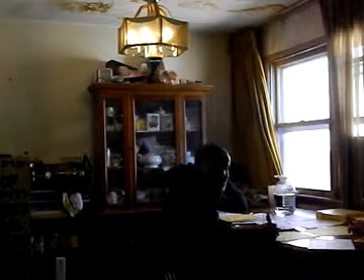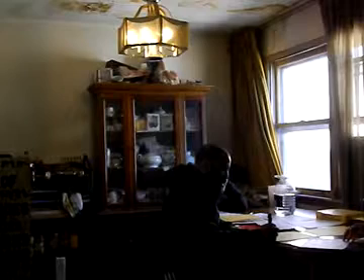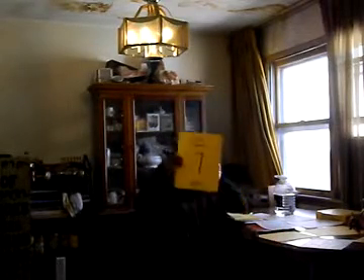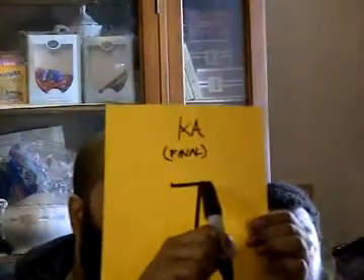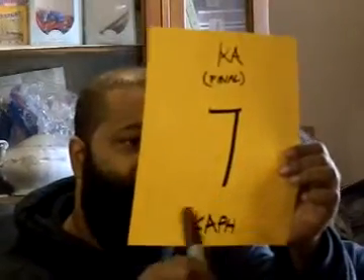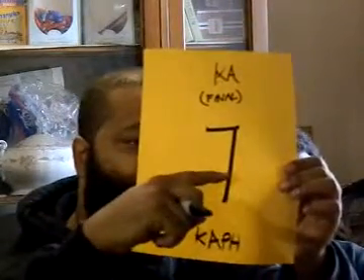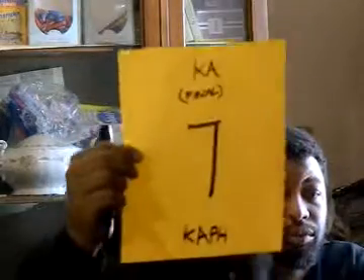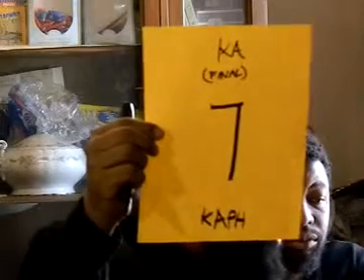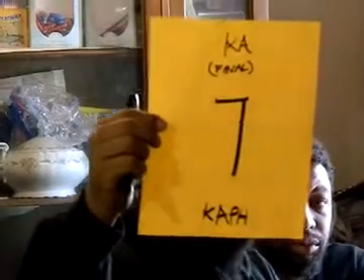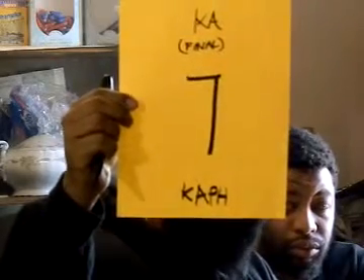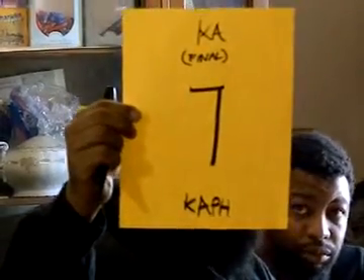This is a final kaf. It's basically a line at the top, but then a long tail. Most letters will end right here, but there are only five finals of the different letters. One is the ka, and this is a final ka. So if you see this letter at the end of a word, it's a ka, but it's a final ka.